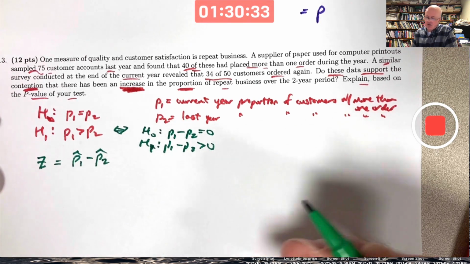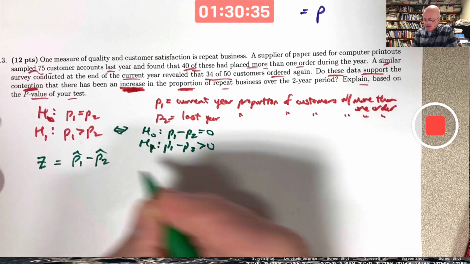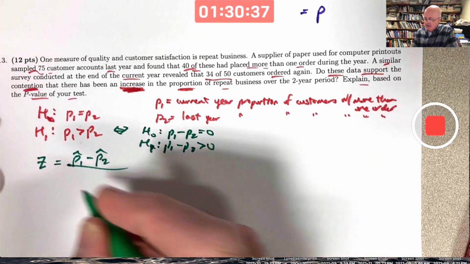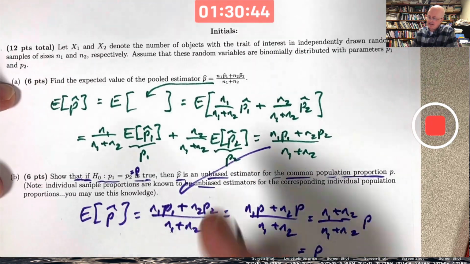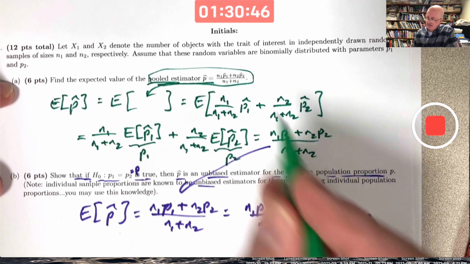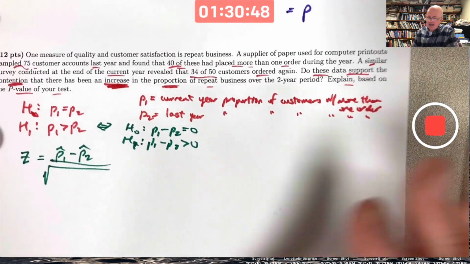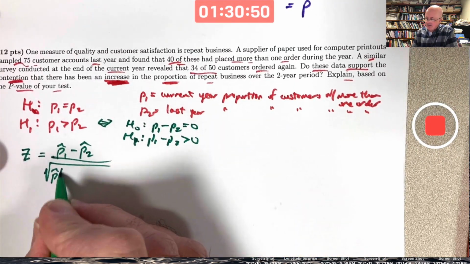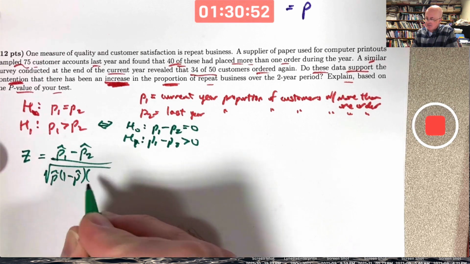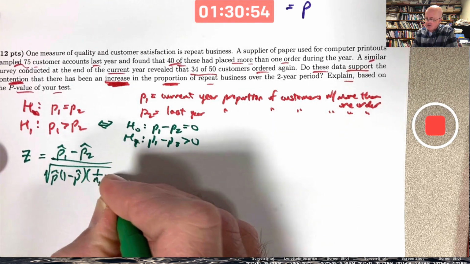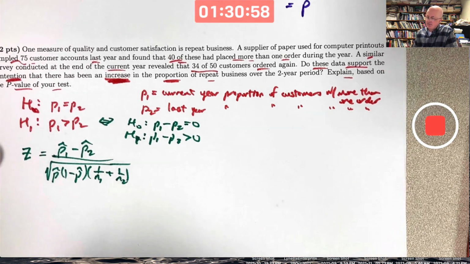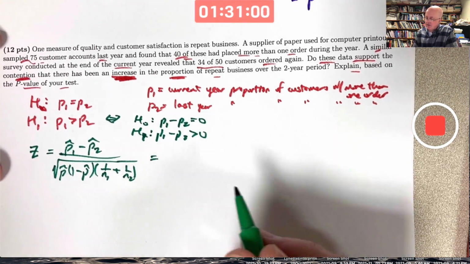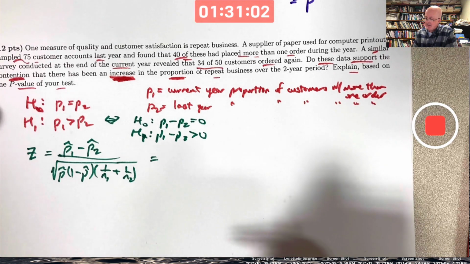You might say minus 0, the null value, but since subtracting 0 doesn't affect anything, you don't have to put it. Divided by a square root that, when you use the pooled proportion, can be written as p hat times 1 minus p hat times, in parentheses, 1 over n1 plus 1 over n2. Where does this formula come from? It comes from some theory that we don't have time to go into here, but that's what it is.